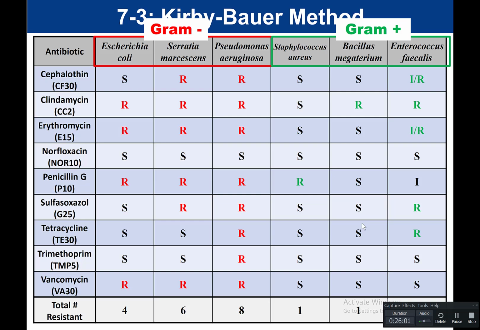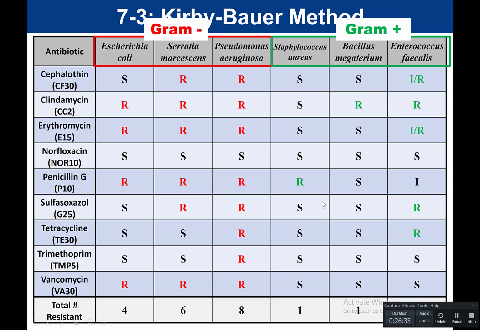And so if we compare how resistant gram-negative and gram-positive are to the different drugs, one of the things that you're going to see is that if we look at E. coli and we count the number of drugs that E. coli is resistant to, there are 4. Serratia has 6. Pseudomonas aeruginosa has 8. So collectively, these 3 organisms are resistant to 18 different drugs.